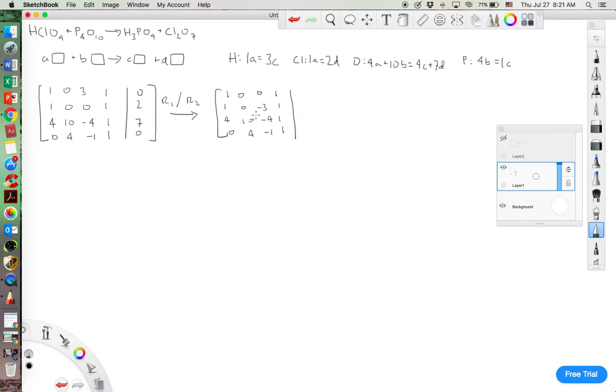And then remember, what we do to the left side, we're going to do to the right side. So you've got 2, 0, 7, 0. Next, let's subtract from R2, R2 minus R1, and let's also take R3 and divide it by 10.